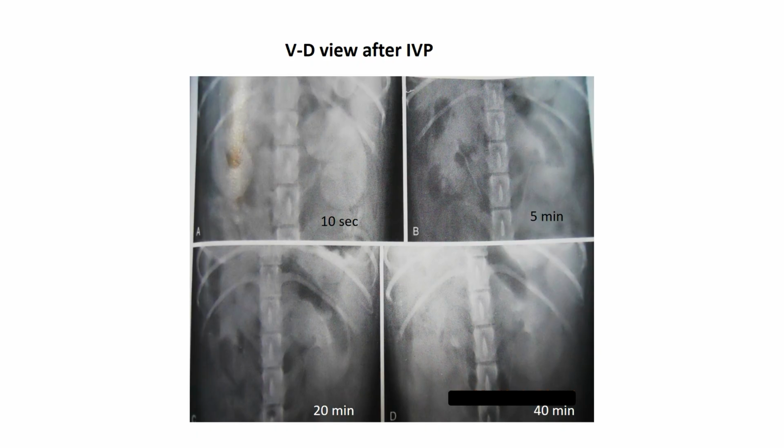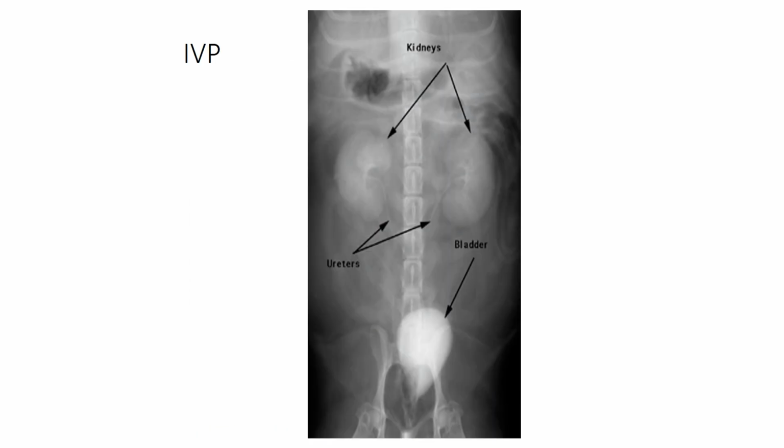Now after 5 minutes, most of the contrast agent has passed through the kidney. After 20 minutes, it is very difficult to visualize the kidney, while in 40 minutes, the whole contrast agent may have passed through the kidney. So this is a series of X-rays at different intervals.